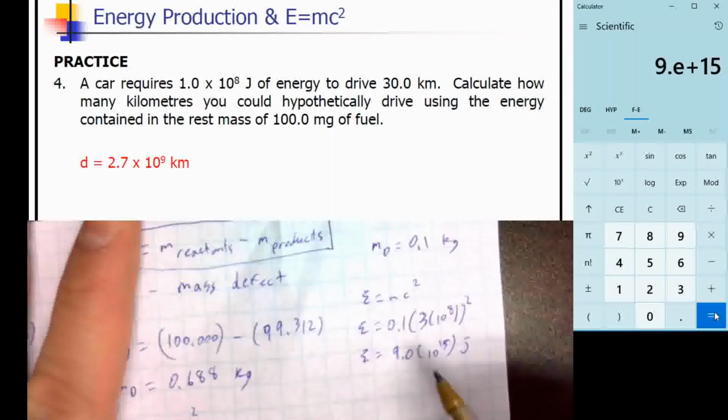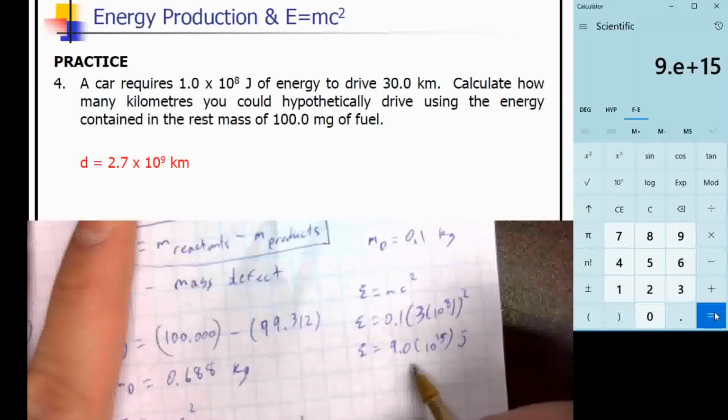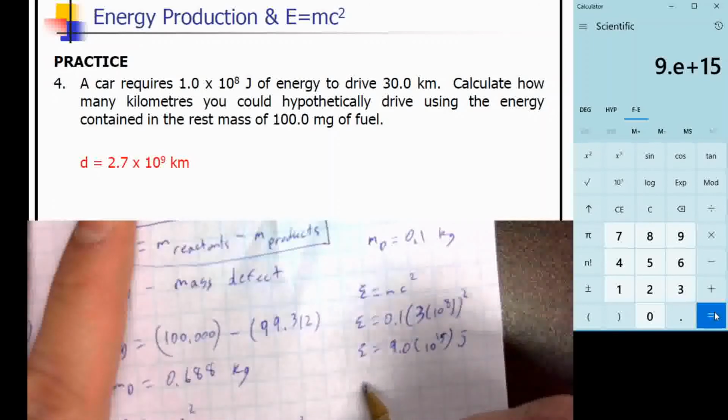Now, I know it takes me 1 times 10 to the 8 joules of energy to drive 30 kilometers. So what I need to do is basically divide, so I'm going to rewrite this here.